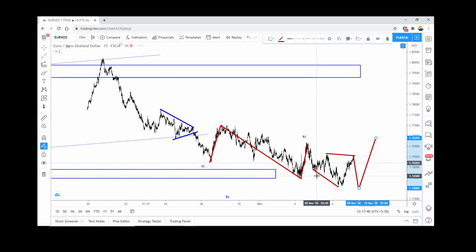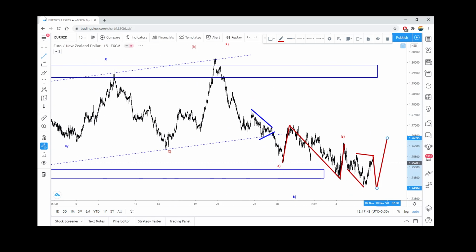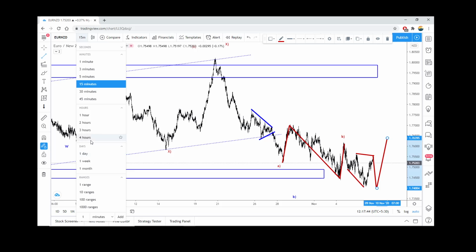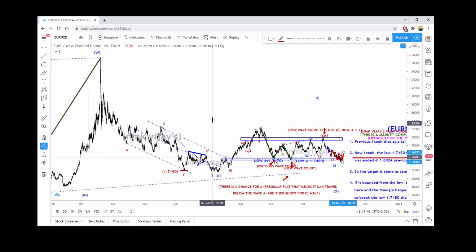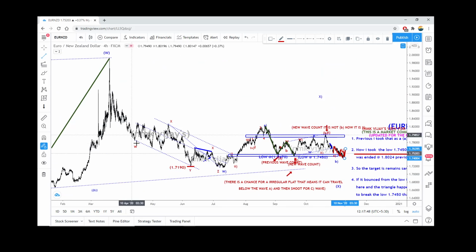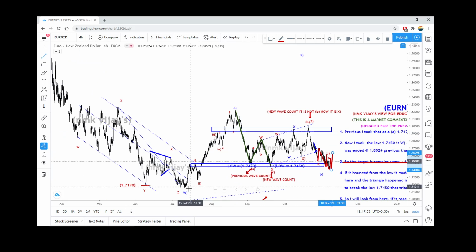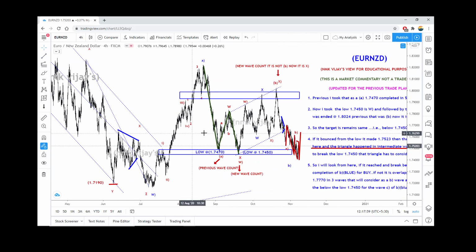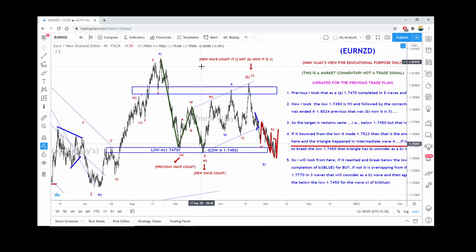So either we have to be on the buy side only, because my positional target for this is here. W, X, Y, X, Z is completed here, and this is the W. For this X we need to be in a complex correction, and this is the connecting wave. Here it did the 5-wave structure, and here we are in the B wave, and I explained that well.